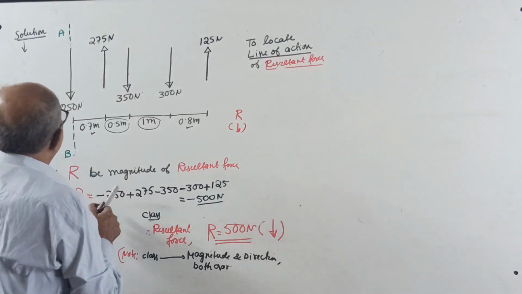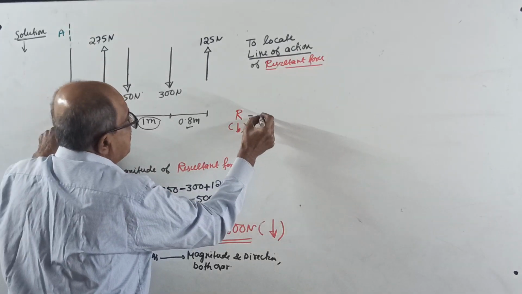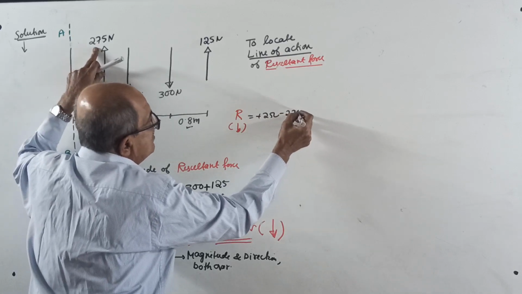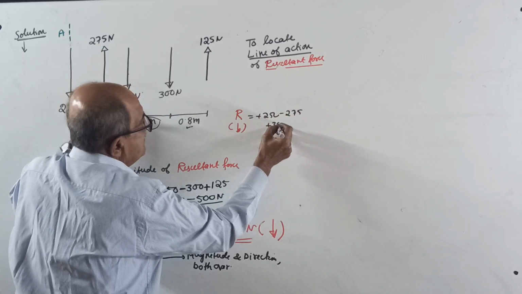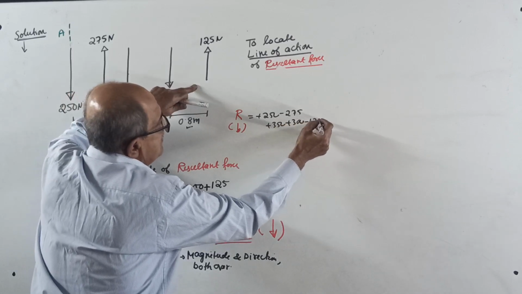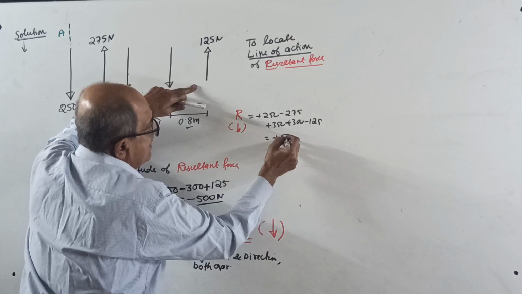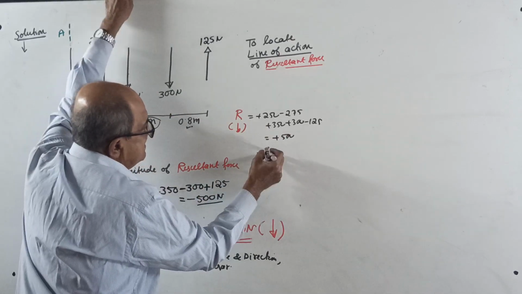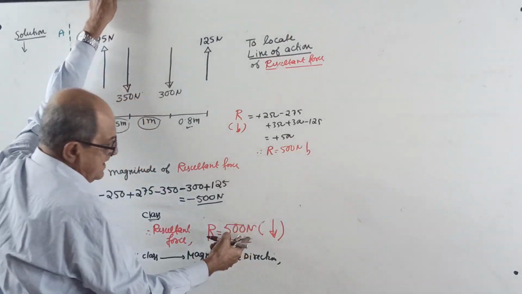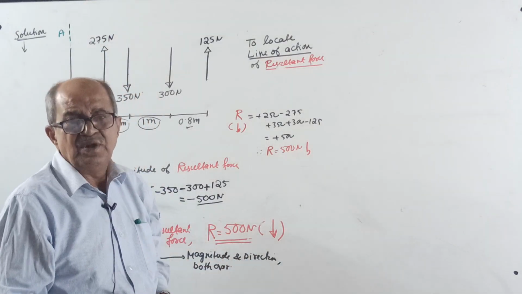I will write plus 250 minus 275 plus 350 plus 300 minus 125. I will get plus 500. Therefore, correct, the resultant R equals 500 Newton down.